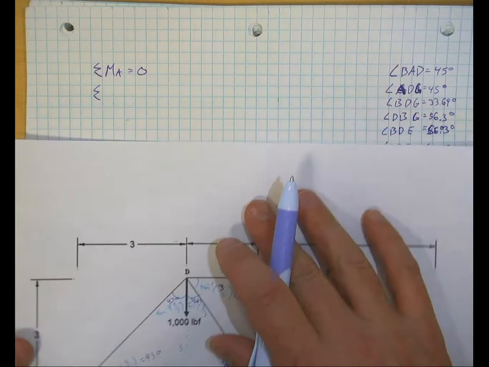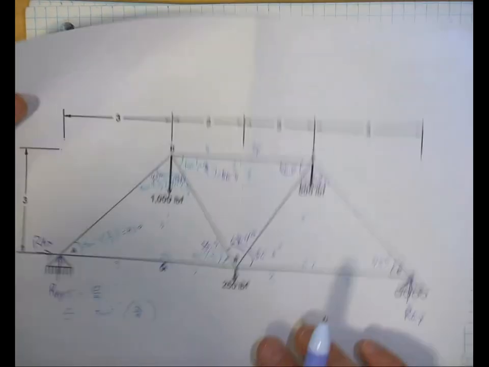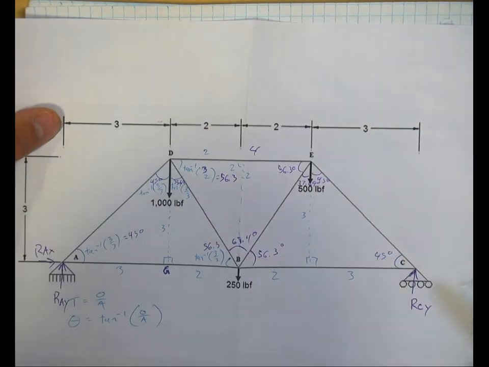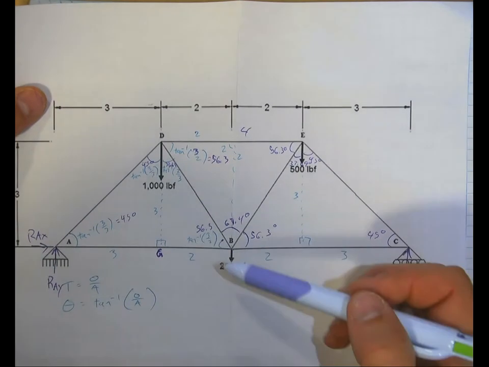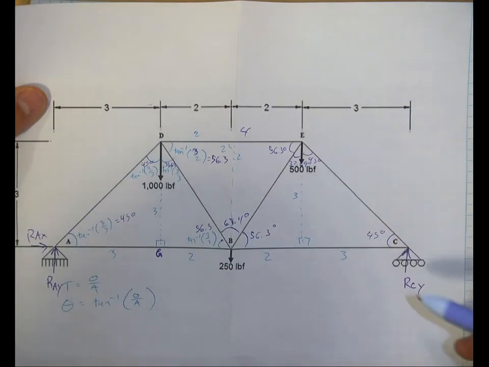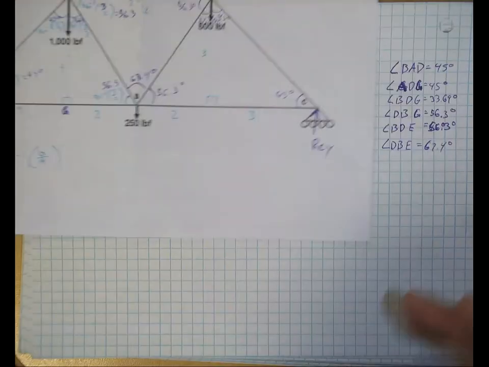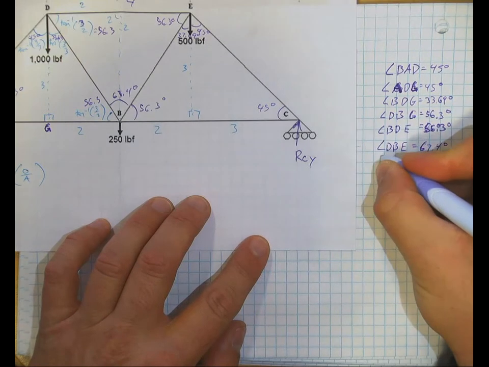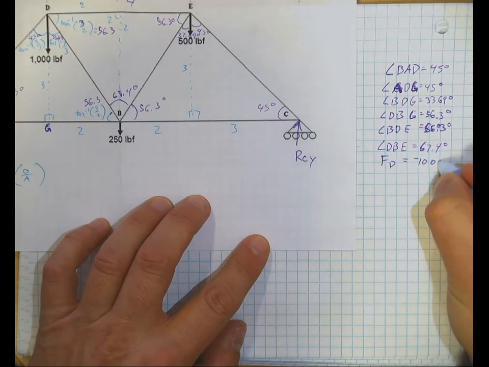Okay, so all we're going to do to sum the moments is take our forces: 1,000, 250, 500, and we have RCY. All of the 1,000, 250, and 500 are negative. RCY is going to be positive. So let's record those. The force at D is negative 1,000.